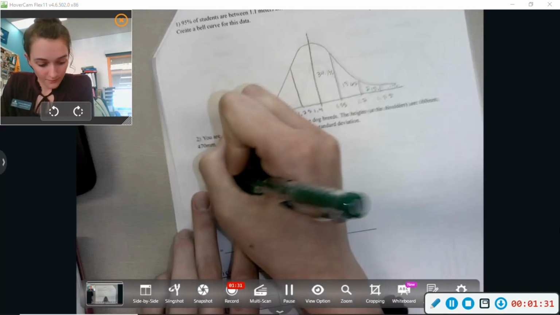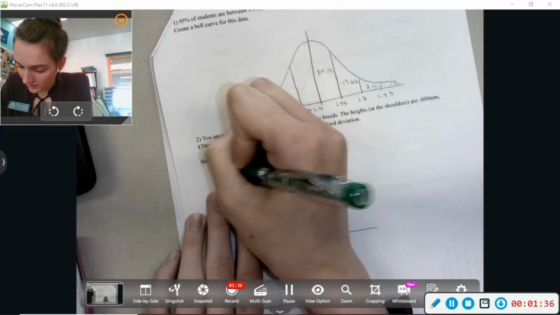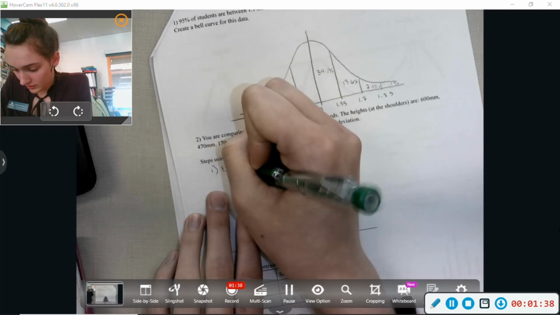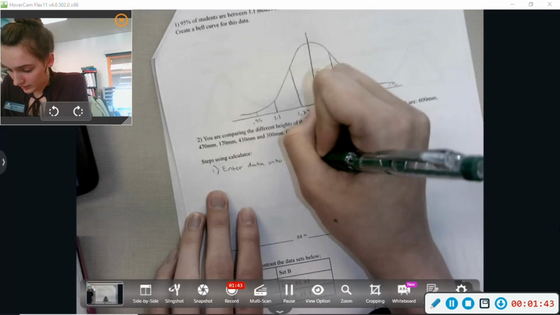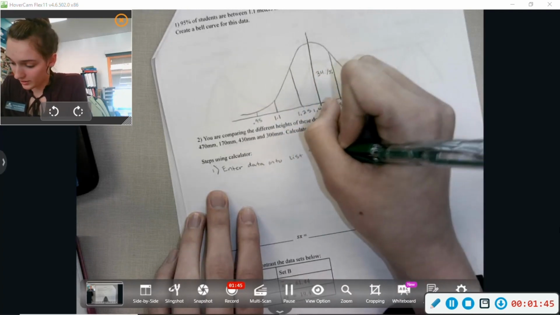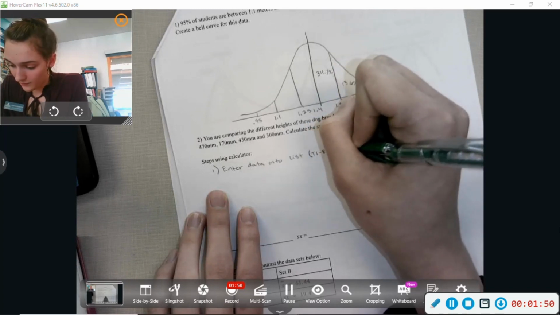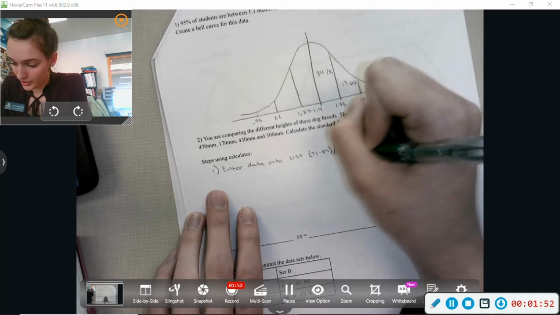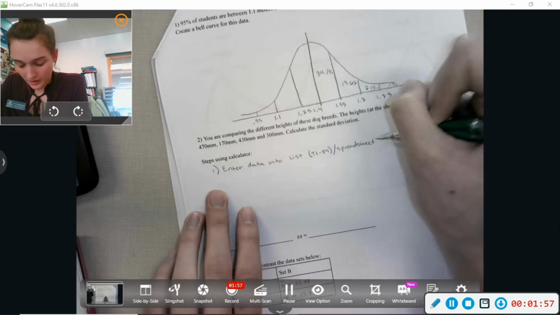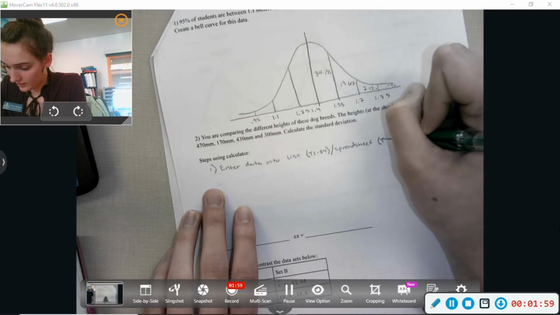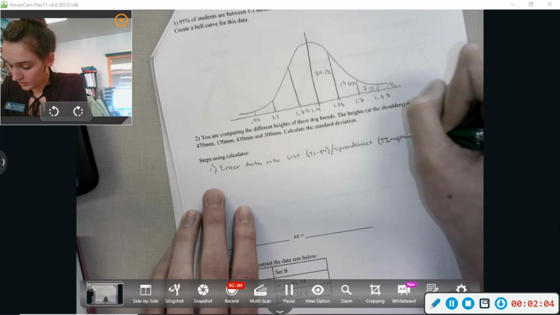Our first step is we need to enter the data into our calculator. We're going to do that by entering it into a list if you have a TI-84, or it's called a spreadsheet if you have a TI Inspire calculator.